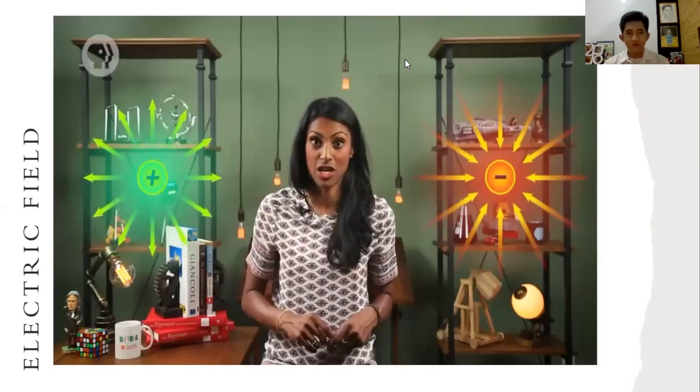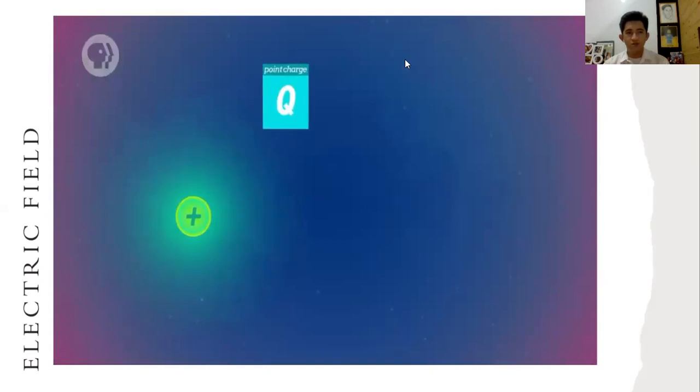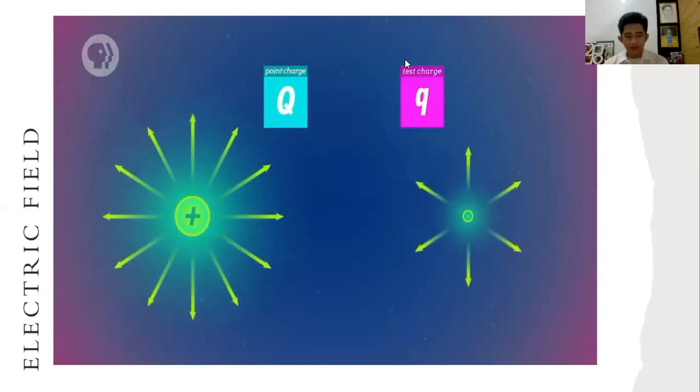So we have these charges. Let's take note that the positive charge, and we have this point charge or the test charge here. For the positive charge, the arrows or the electric field lines move out of the charge, while for the negative one they come in to the charge itself.